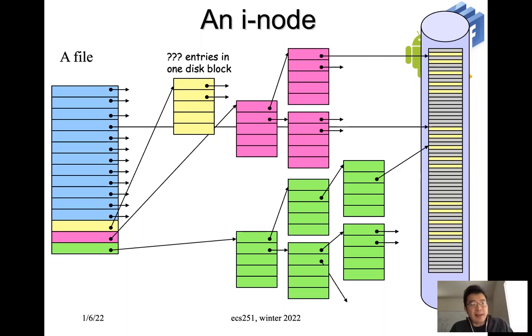If you want to access a particular position in the file, you usually use a system call called fseek, and with fseek you provide the offset from the beginning of the file about where you want to access in the whole logical sequence. Essentially you divide that by the block size, 4K, and then you will know which block contains the position of the file that you are trying to access.